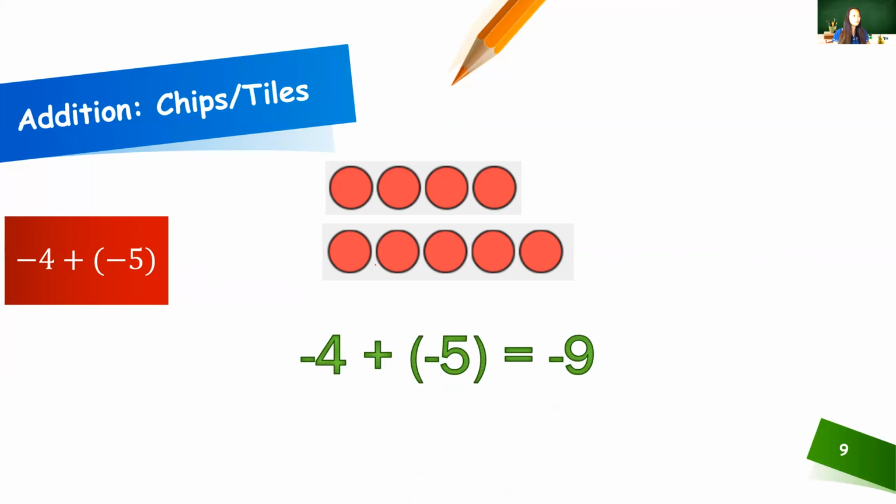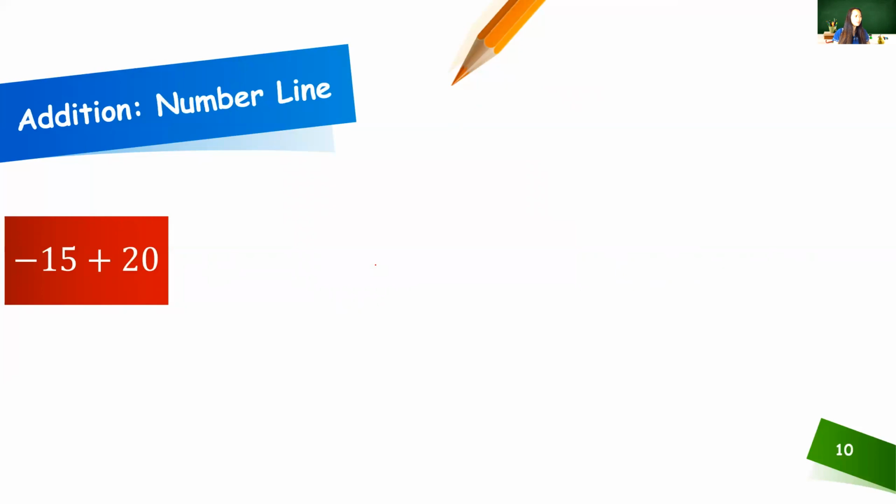Okay. Well, what if you have numbers that are like this and it's kind of big to be counting chips and tiles? It's just too many. So let's think about this in terms of how things work. If you think about it, that -15 is going to need a +15 to be neutralized, right?